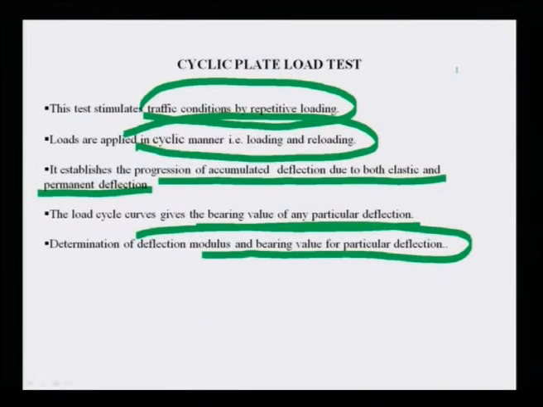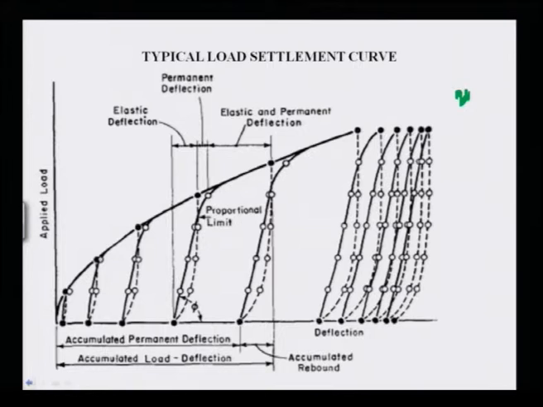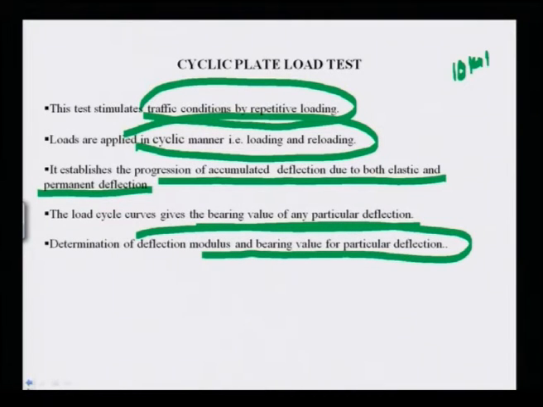So, the second step is that loads are applied in a cyclic manner. That means, suppose in a plate load test initially you apply a first load of 10 kg per cm square, second is 20, third is 30, then 40. If you apply like this, 10, 20, 30, 40 kilonewton per centimeter square or kg per cm square, what generally happens in a general plate load test?